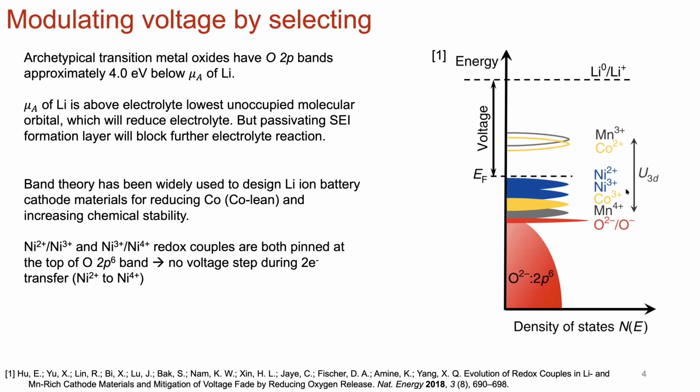And then we said, okay, well, you can include nickel to replace some of the manganese in the battery material and make cobalt-lean cathode materials and increase chemical stability, right? So this type of band theory and applying it to designing new materials is already in use for NMC type material. So there we talked about that.